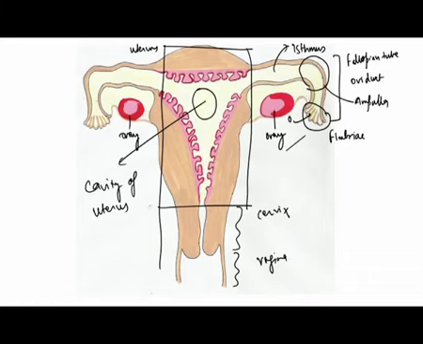Let us try to understand this thick area. This area of the uterus basically has 3 layers: this is outside, this is middle, and this is the inner part. The inner part of the uterus is called the endometrium.